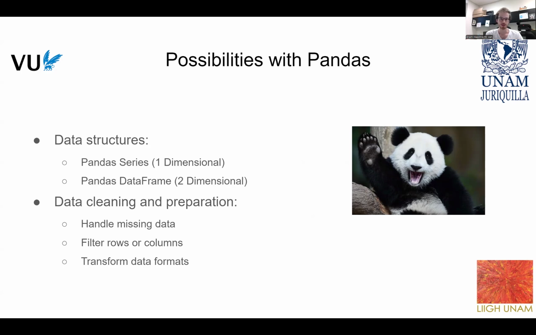Then with Pandas, you can do many different tasks. So it has possibilities for handling missing data. If you want to use NaN values, for example, you can use it to filter rows or columns, and you can transform data into different formats.